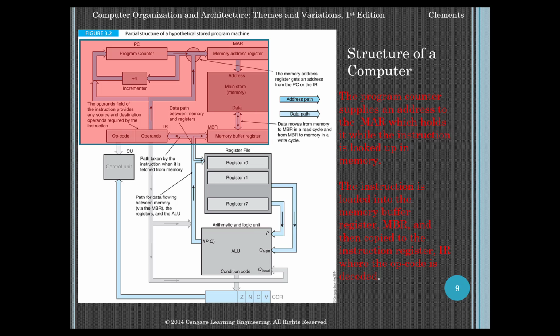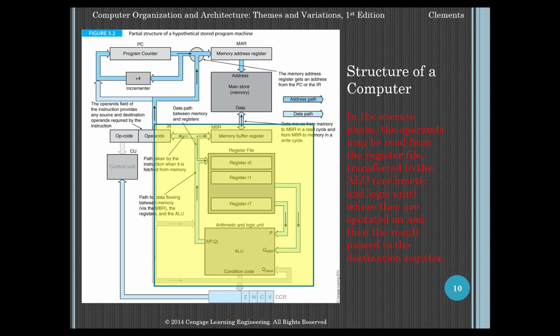Operands would be how much money? Well, let's say I have $100 I want to deposit into my bank. So my opcode is deposit, my operand is 100. My memory buffer register is holding that instruction that's been loaded in, and then it's copied to the instruction register so that I know that it's happening. So let's walk down to the instruction register.